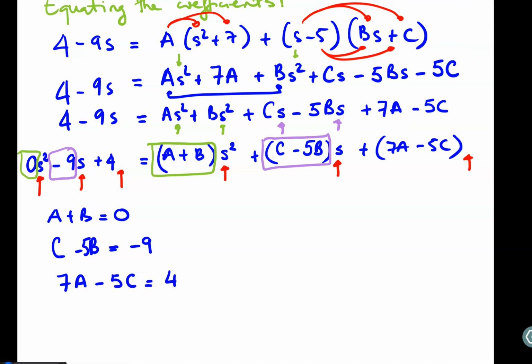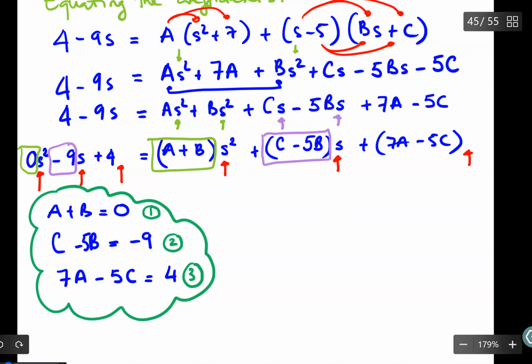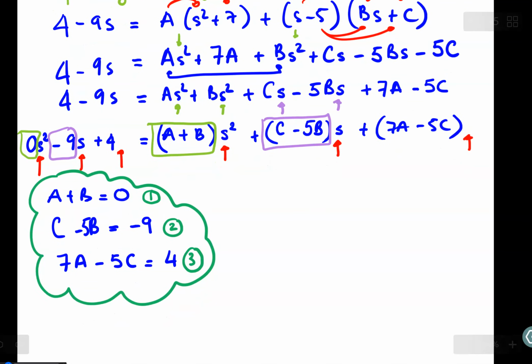So now you see that you have 3 equations and 3 unknowns to solve. So let's call this equation number 1, equation number 2, and here's our equation number 3. In order to solve for 3 unknowns, you need at least 3 equations.